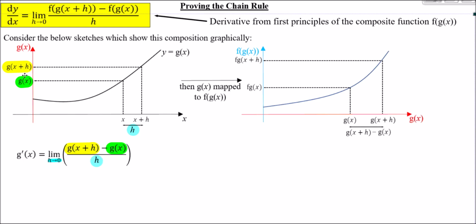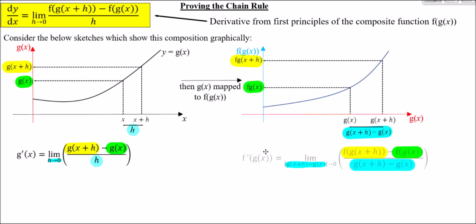So using this analogy, g of x plus h has an analogy of f of g of x plus h here. g of x is like the f of g of x, and the change, which shrinks down to 0, on this one here isn't h, it's g of x plus h minus g of x. So plugging these things in, we can see that analogously that f dashed g of x is this limit here.